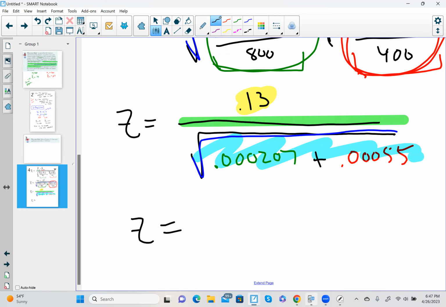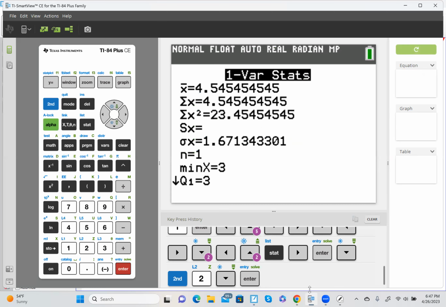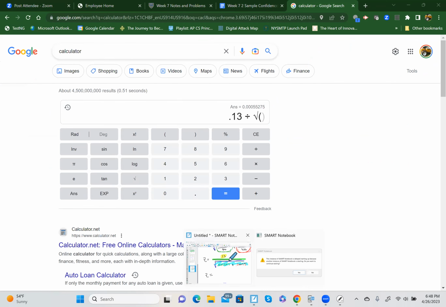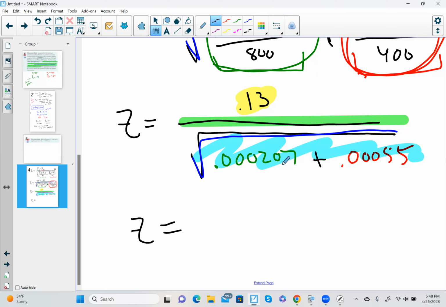All right, so let's see. So what do we have? That's a calculator that you probably don't have, so don't worry about that. 0.13 divided by, and then this button over here above, this is a square root button. And I'm going to type the numbers which I had, 0.000207 and 0.00055.